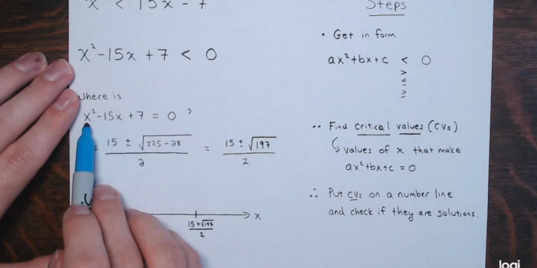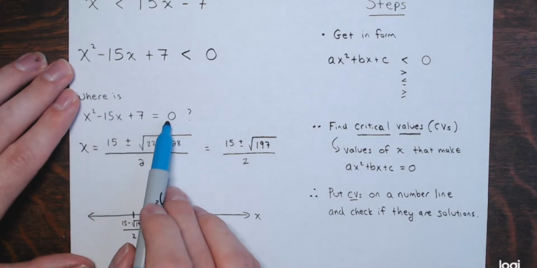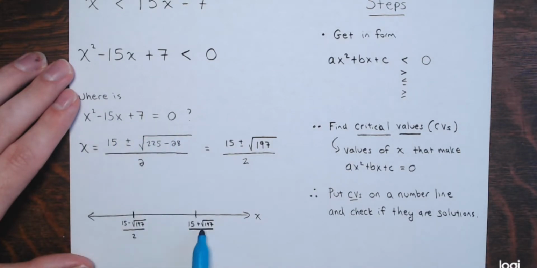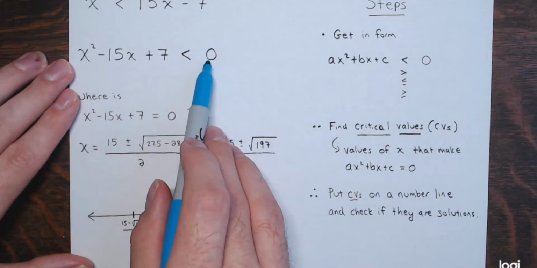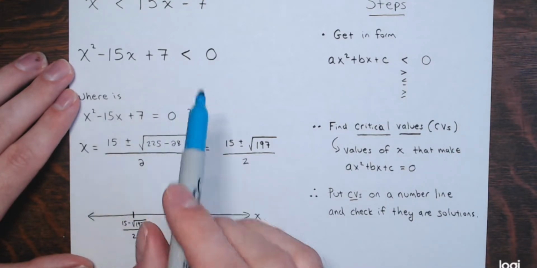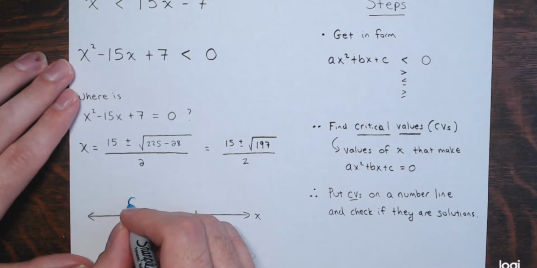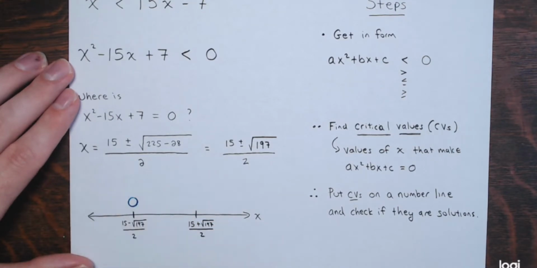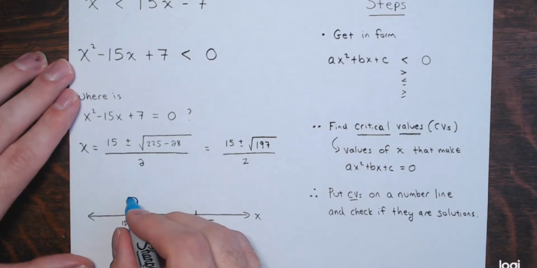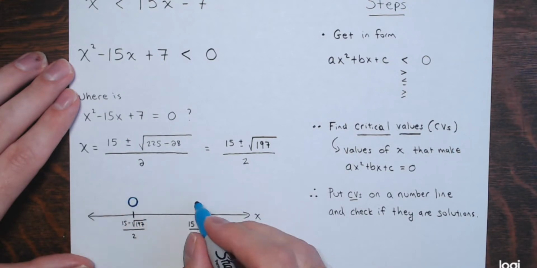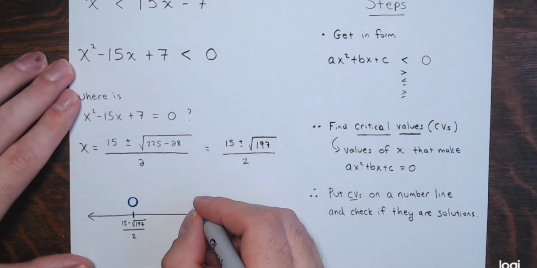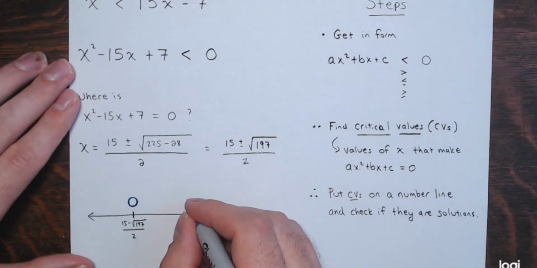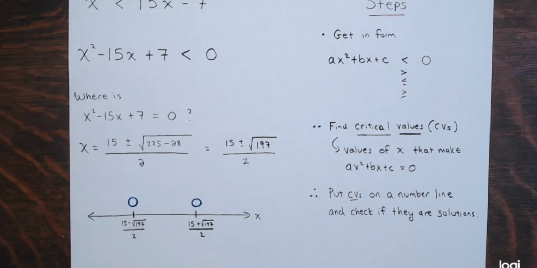Because it'll make x squared minus 15x plus 7 equal 0. So if I plug either of these numbers in, I'm getting 0 is less than 0. Is 0 less than 0? No. So this is not a solution, meaning I'm putting an open point above it. Remember, open points for non-solutions and closed points, filled in dots for numbers that are actually solutions. And then an open point here as well, right? Neither of those are solutions.